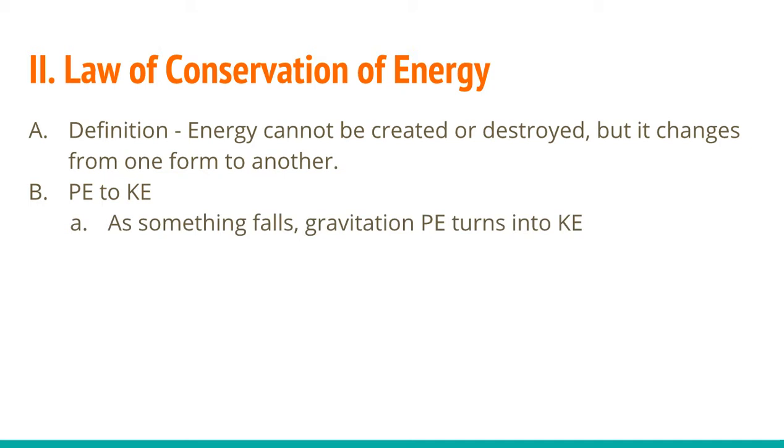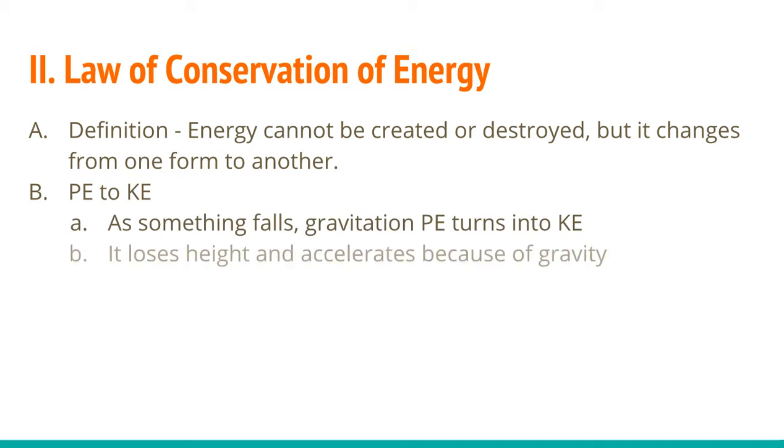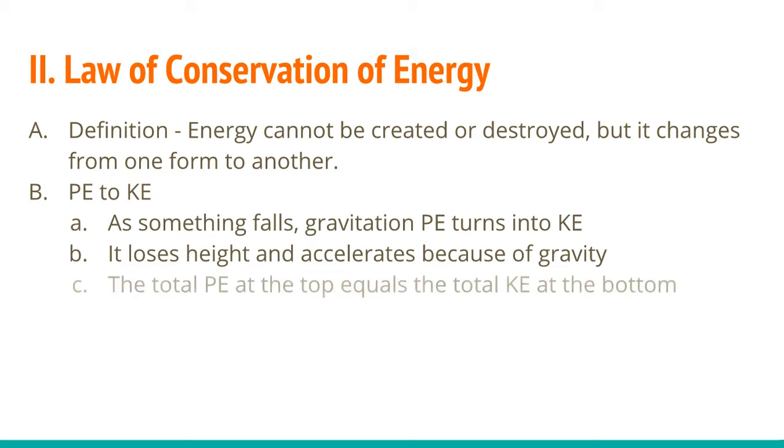So as it falls, this gravitational potential energy is going to turn into kinetic. It's going to lose its height, and it's going to accelerate because of gravity. The total potential energy an object has at the top equals the total kinetic energy at the bottom.